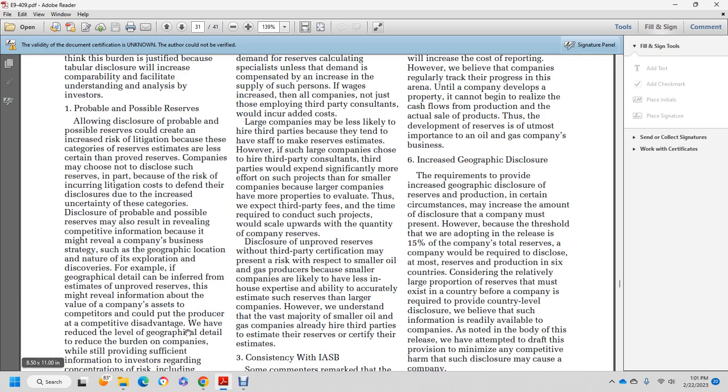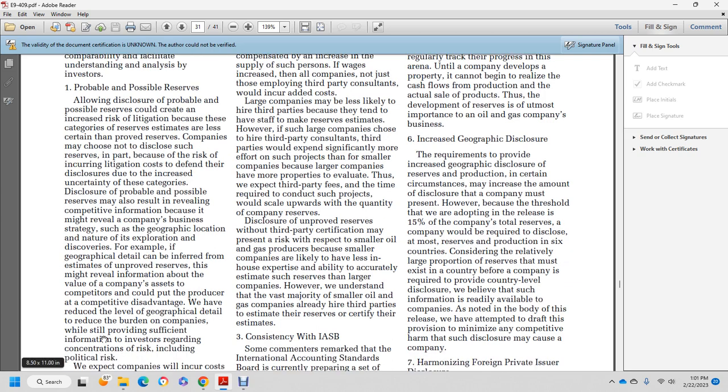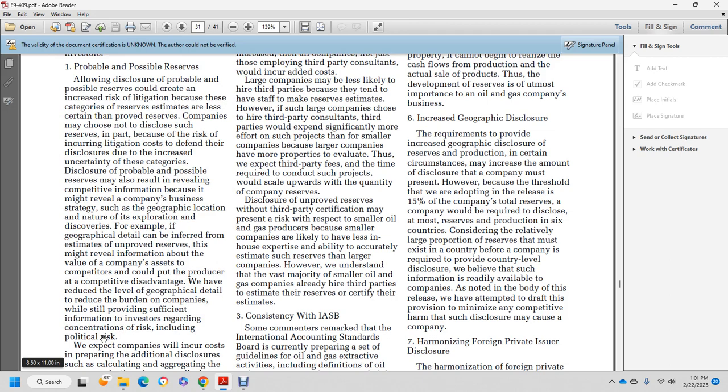The level of geographical detail burdens the company, but will still provide sufficient information to investors regarding the concentration of risk, including political risk.